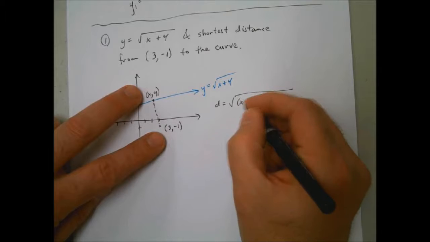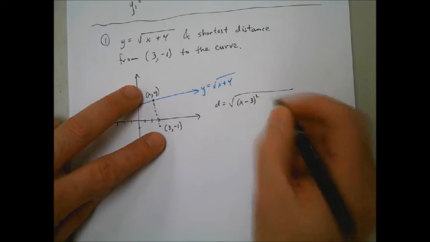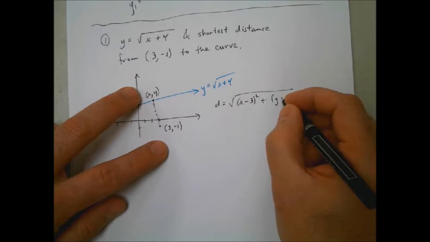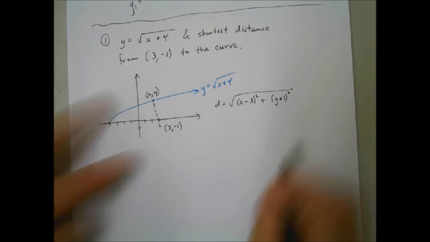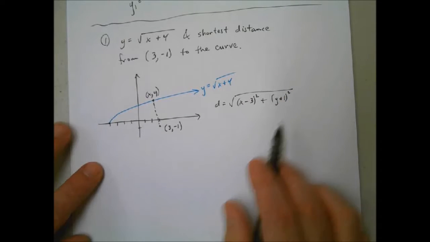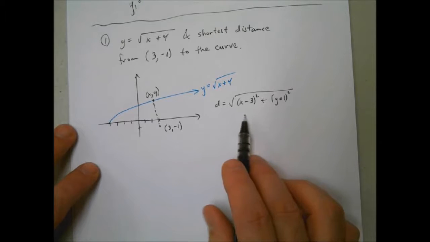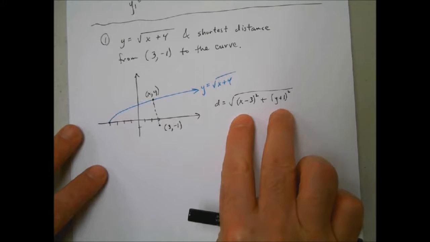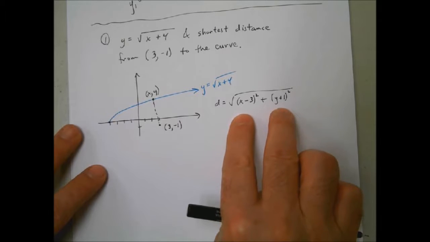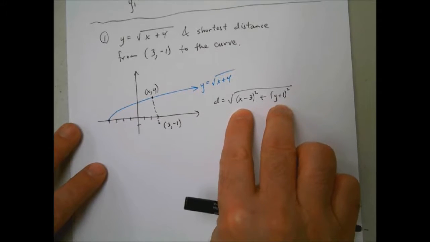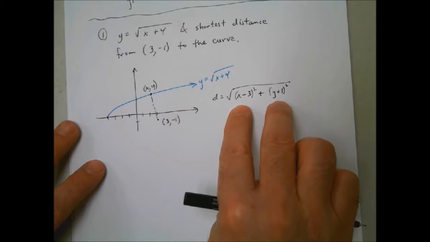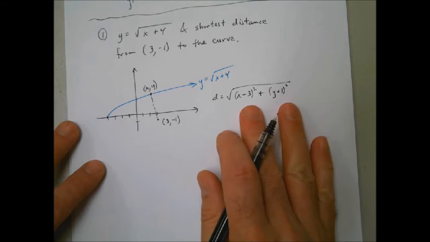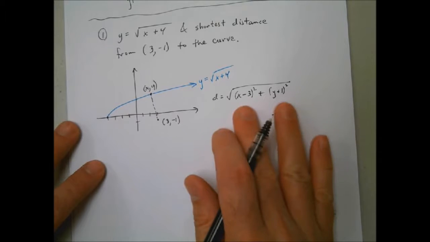Now, you guys know when you're doing optimization and you need to do the derivative, you need to get this all in one variable. You do not want to be doing the derivative with two variables, even though we know how to do that sort of thing at this point. But with optimization, one variable.